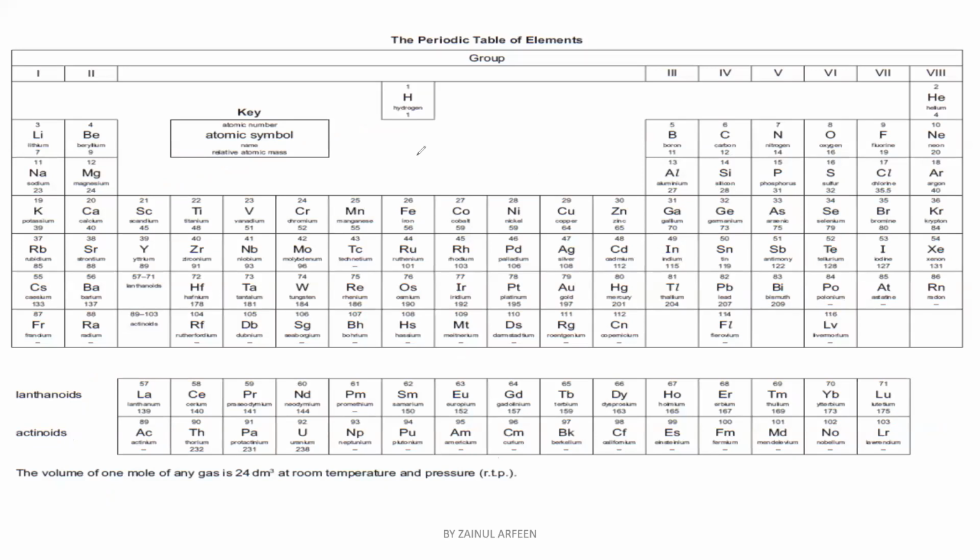So for example, with the staircase line, what kind of bonding is there within copper alone?